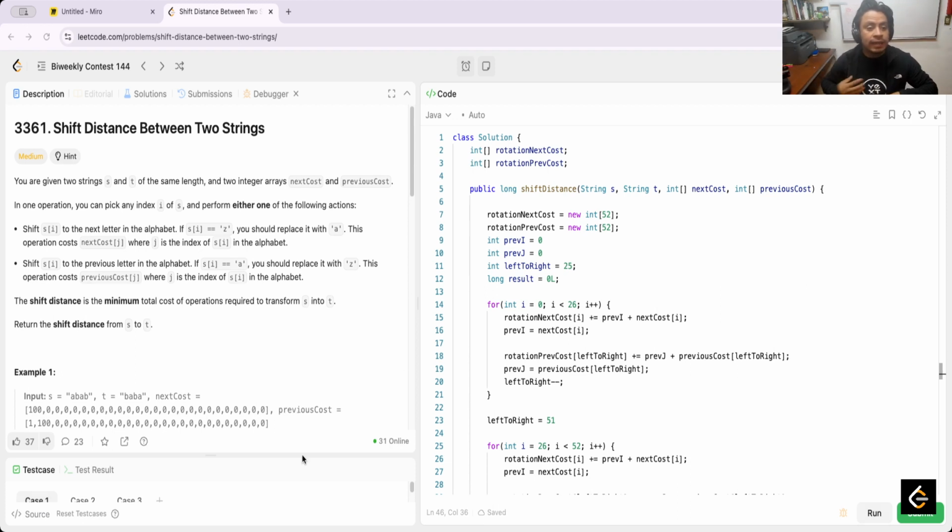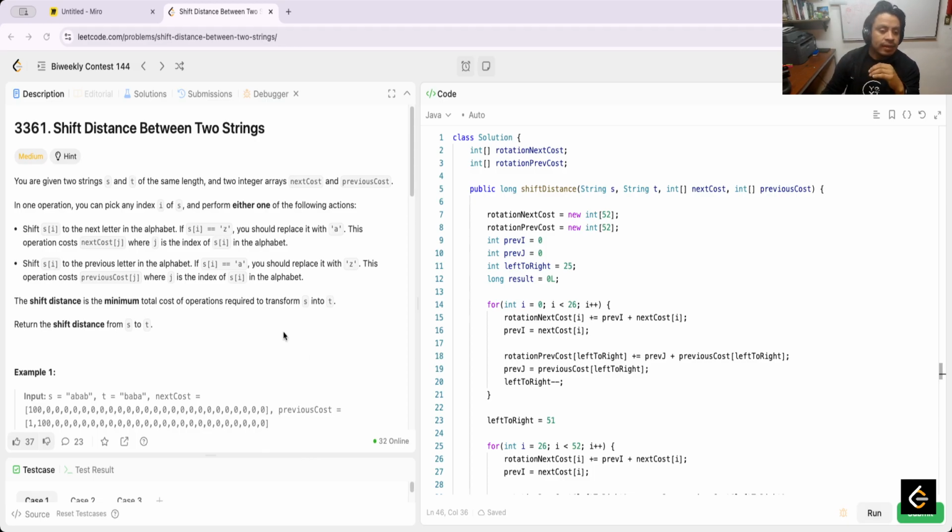The idea behind this problem is that you have two words, in this case the string s and the string t, and you need to transform the string s to string t.